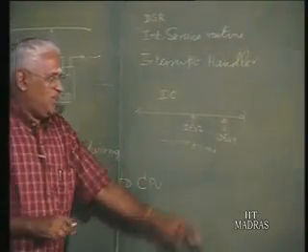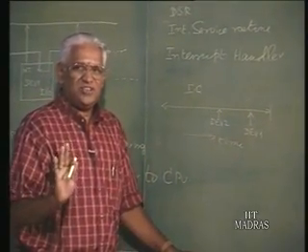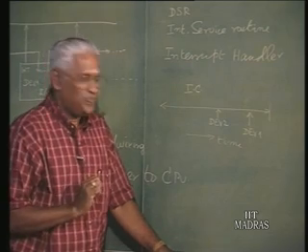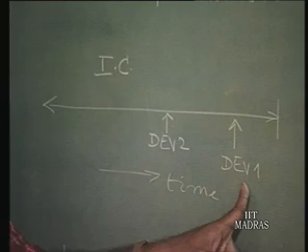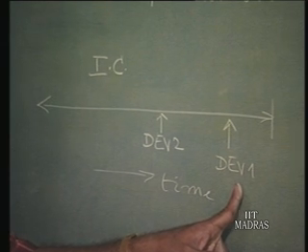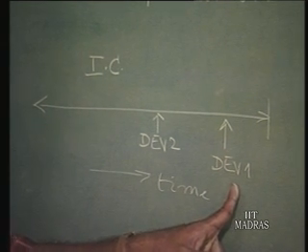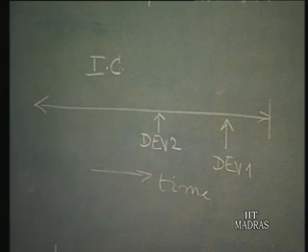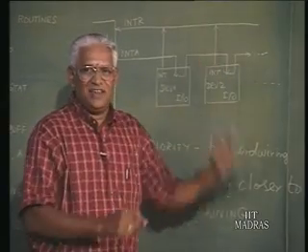Now, device 1 service we say consists of 5 instructions. So, 5 instruction cycles. Now, the moment the first instruction cycle of the interrupt service for device 1 is taken up, if this interrupt is still there, what will happen?